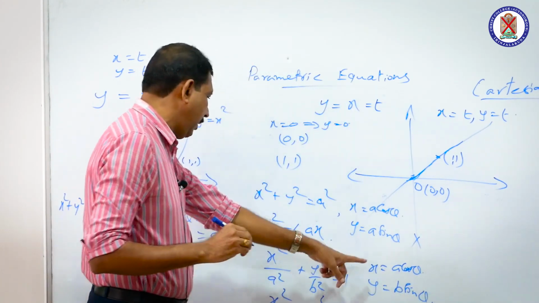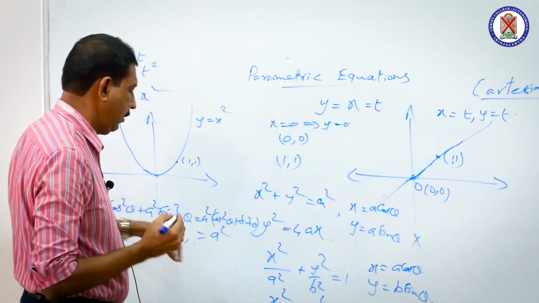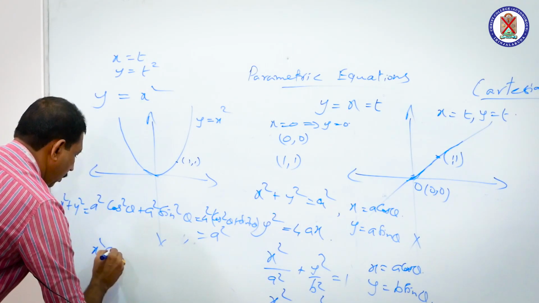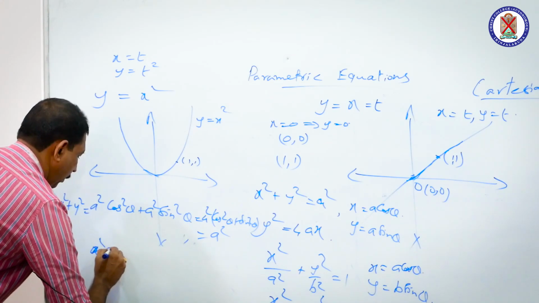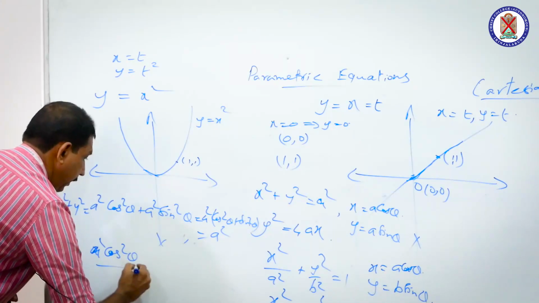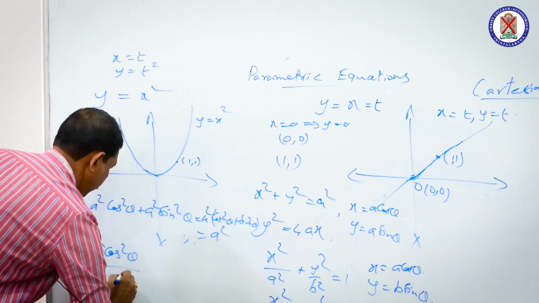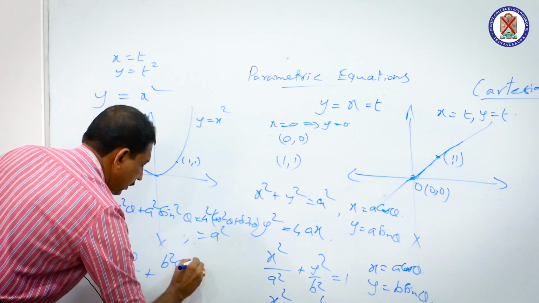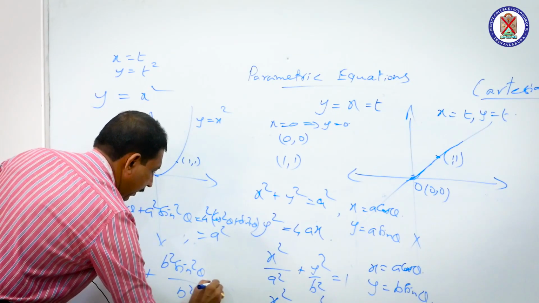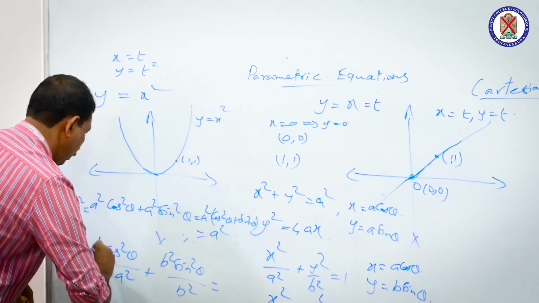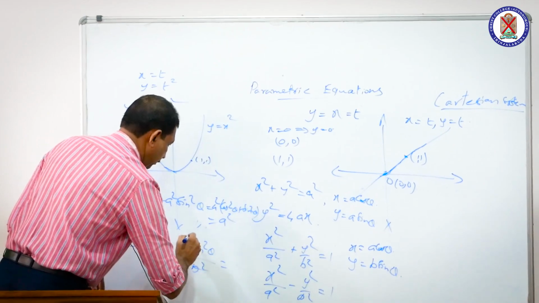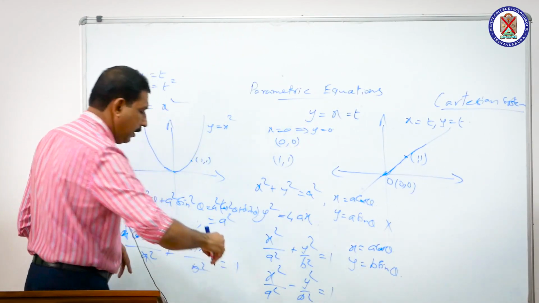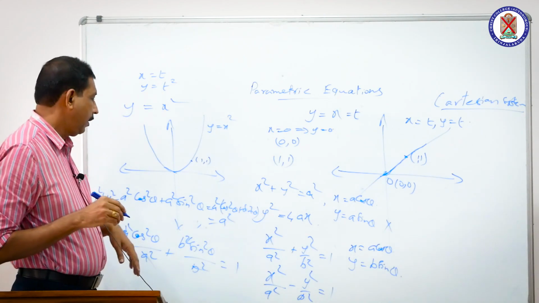On substituting these x and y in this equation, we will get a square cos square theta by a square plus b square sin square theta by b square equal to 1. The a square gets cancelled, the b square gets cancelled, and cos square theta plus sin square theta is equal to 1.